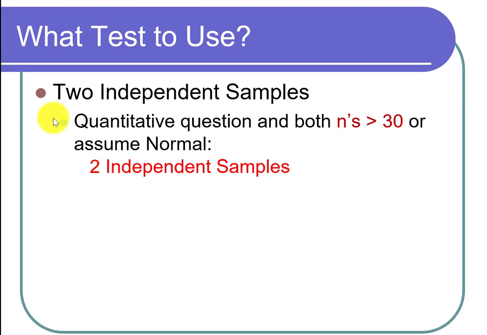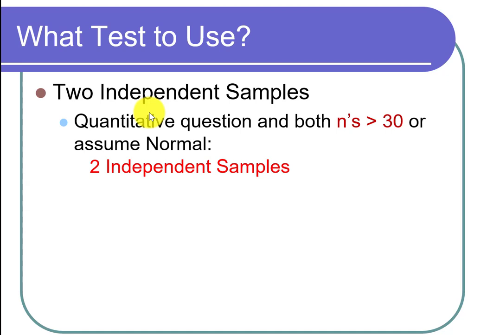The next situation you could be in is where we have 2 independent samples. That's when you have 2 different populations. You take a sample from the first population and a sample from the second population, and the people in the first population have nothing to do with those in the second population. There's just a group of this and a group of that.